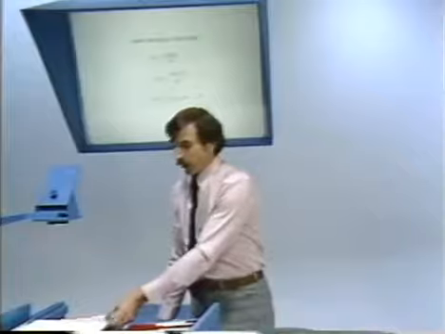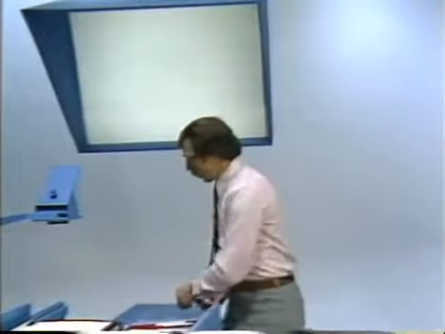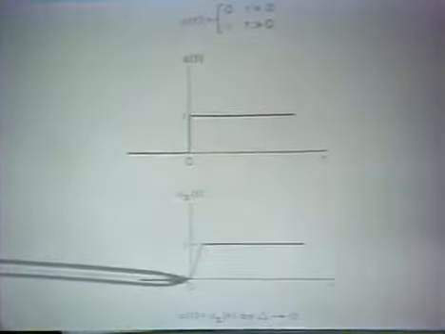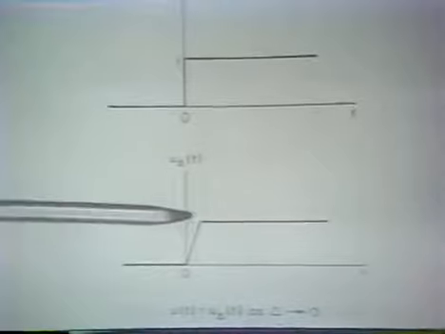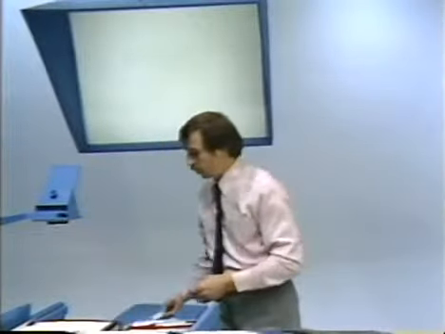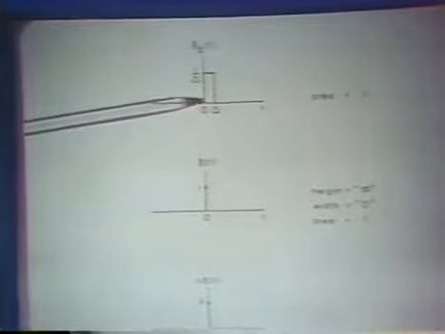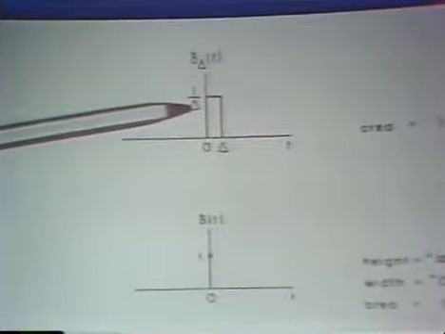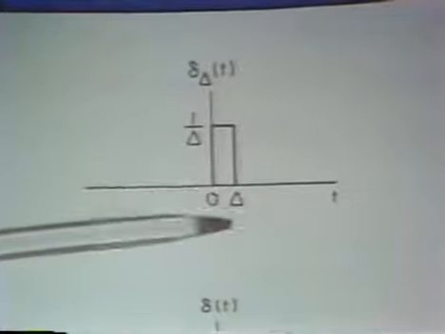Well, let's look at that. If we think about the derivative of u sub delta of t, the derivative, of course, is 0 for t less than 0. It's equal to a constant during this linear slope, and then it's 0 for t greater than delta. So the derivative of u sub delta of t will then be, as I've indicated here, simply a rectangle with a height which is 1 over delta and a width which is equal to delta.